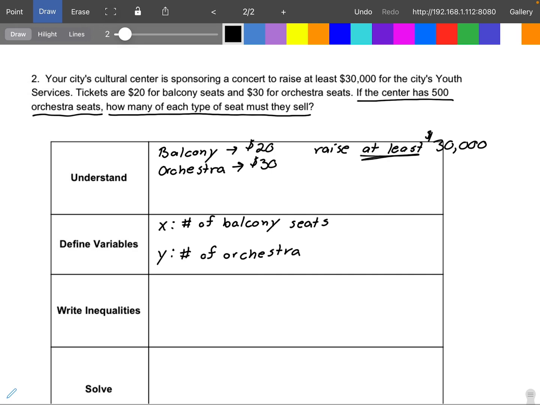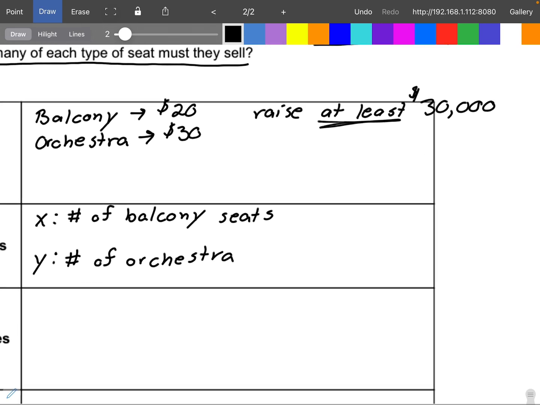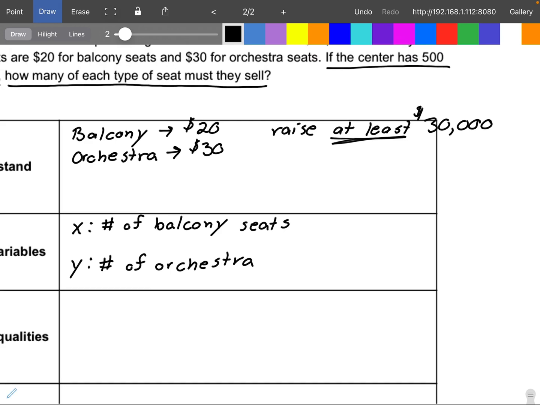It doesn't say anything about how many balcony seats there are, but we know that it only has 500 orchestra seats. So that tells me that you cannot sell more than 500 orchestra seats because we don't have any more than 500. So if 500 is the number they have, they can't sell more than 500 of that kind.